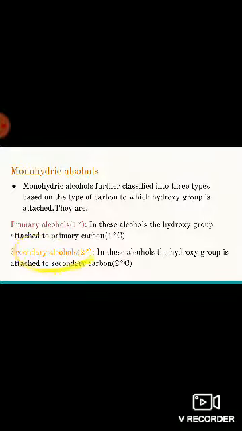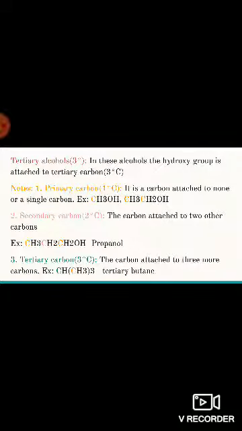Next, secondary alcohols are those where the hydroxy group is attached to a secondary carbon. If the hydroxy group is attached to a primary carbon, they are called primary alcohols. If the hydroxy group is attached to a secondary carbon, they are called secondary alcohols. Okay, fine. Next, tertiary alcohols.